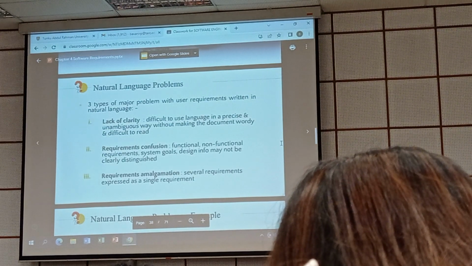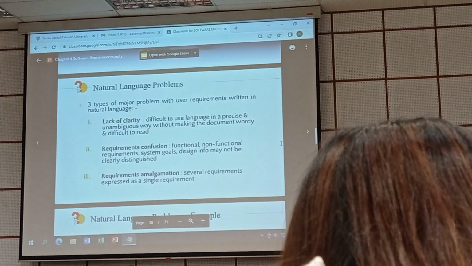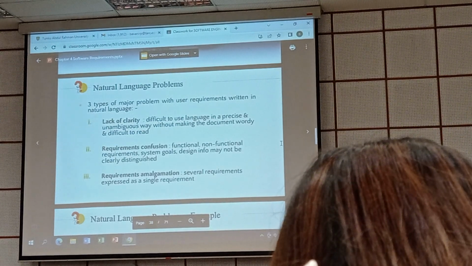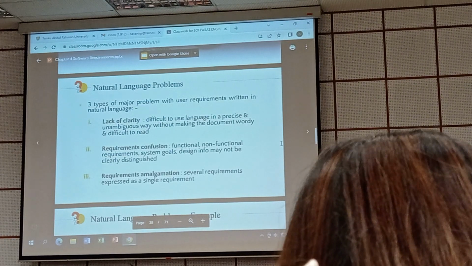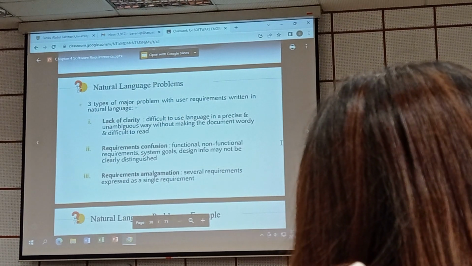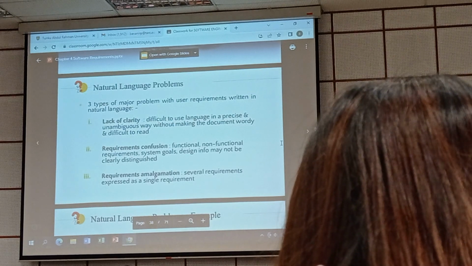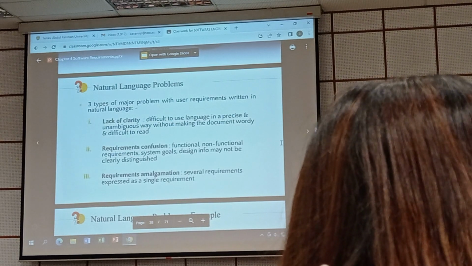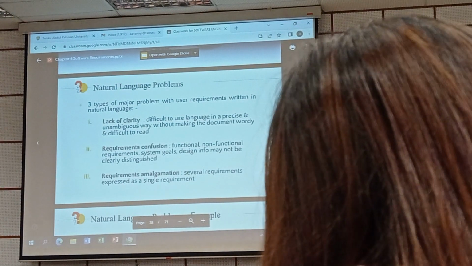Because I really don't understand what Roger is. I am shy to ask. This is one example of the lack of clarity. I just take note, but I don't know what I should do.